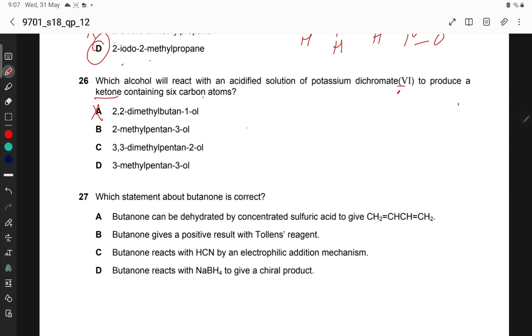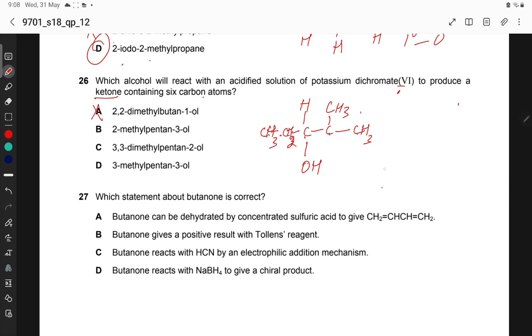2-methylpentan-3-ol. 1, 2, 3, 4, 5. CH3, CH3, CH2, CH3. 2-methylpentan-3-ol, with 1, 2, 3 and 2-methyl, 1, 2, 3, 4, 5, 6.